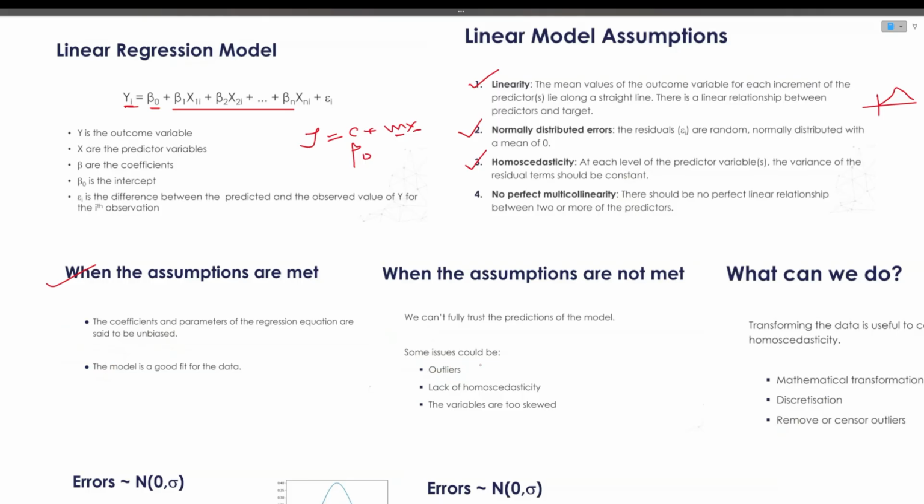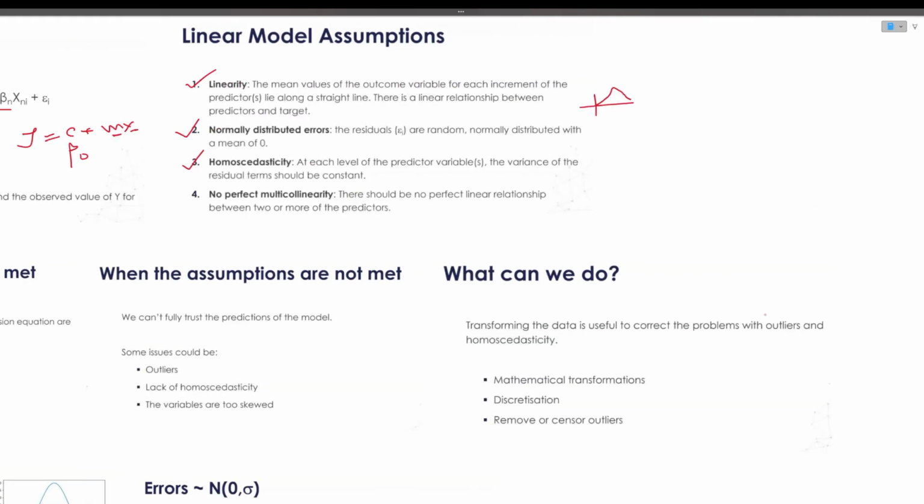Some issues can be outliers, lack of homoscedasticity, and variables that are too skewed. What can we do? We can apply mathematical transformation, discretization, or remove or censor outliers.